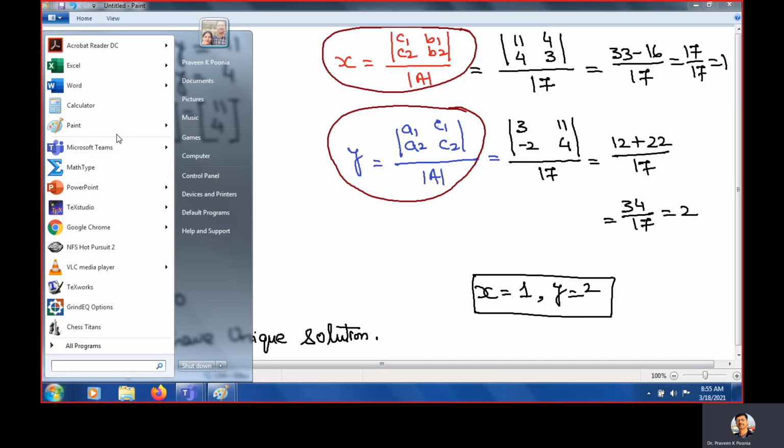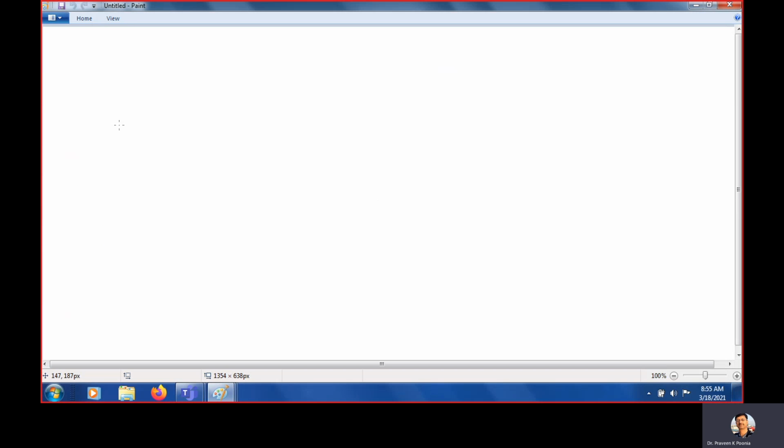Okay. So one more question we will solve, example number 2. 2x minus 4y equals 20, and minus x plus 3y equals minus 13. These are the two equations.